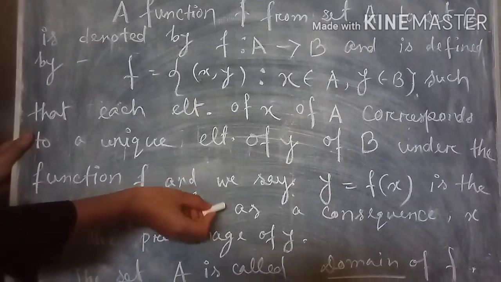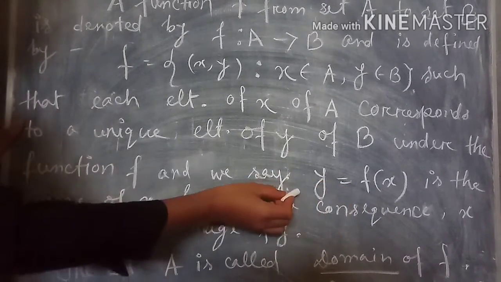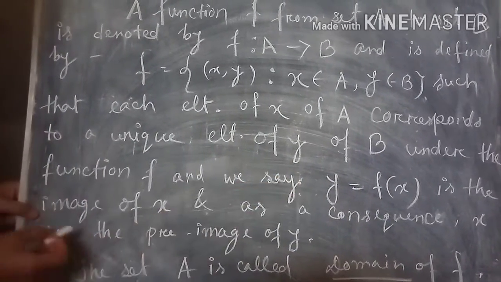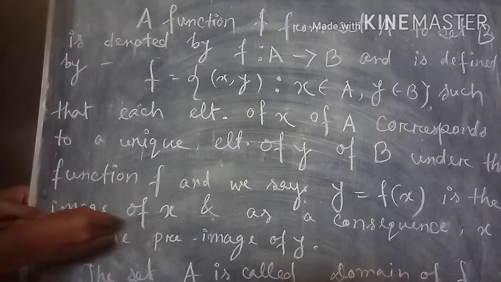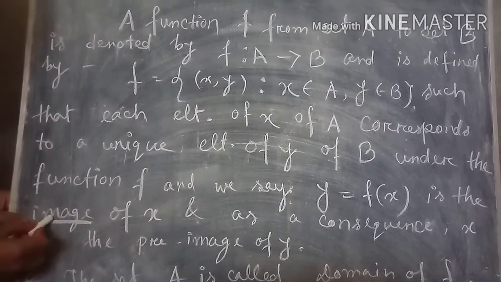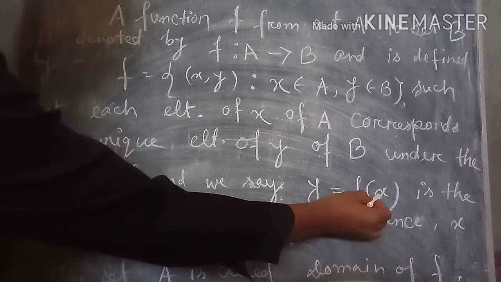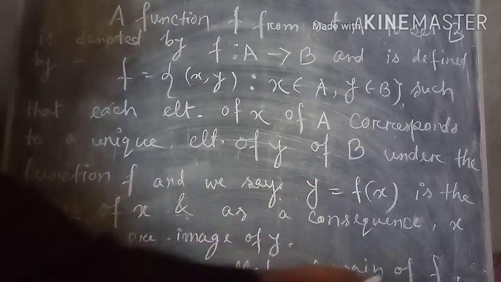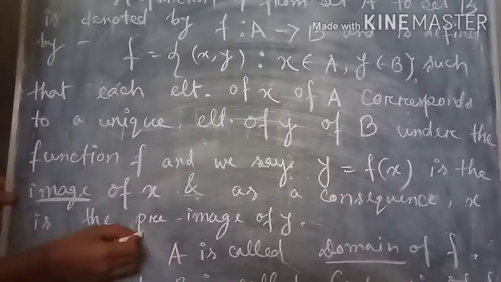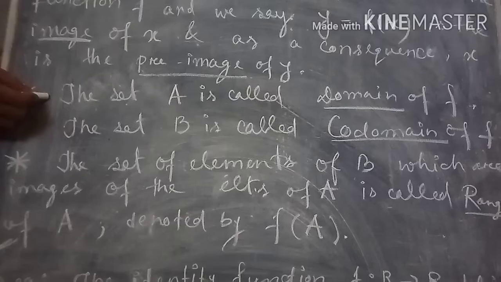So in the function f we say y equal f of x. We write y as f of x, and this y is called the image of x, and as a consequence x will be called the pre-image of y. And this is the definition of function.